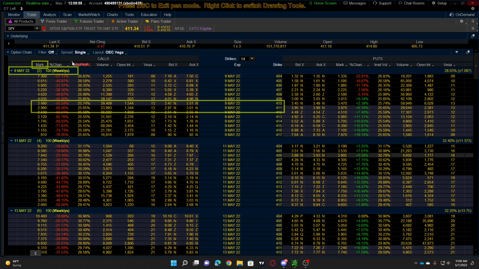We want to look at the implied volatility value for those options and then look at the Vega value for those options. Notice it's going to be the same this time. So the 410 has a Vega of 13.